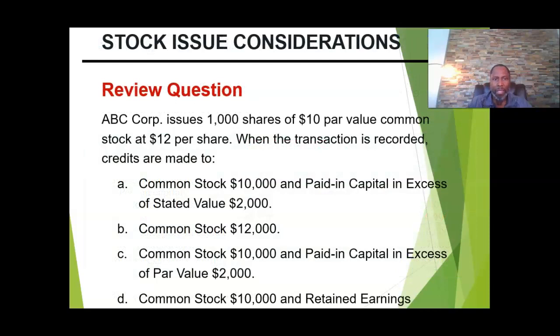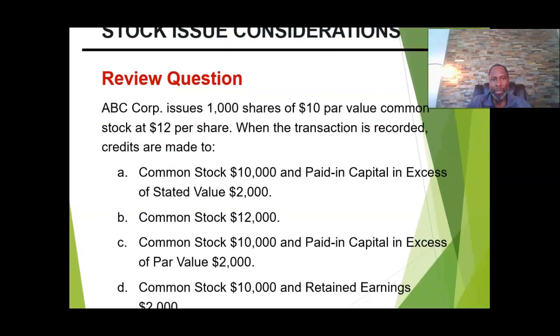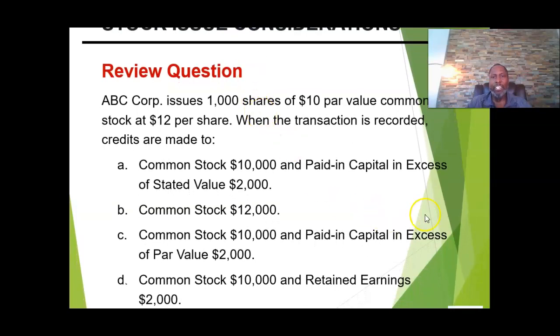Okay. We have the ABC Corporation issues 1,000 shares of $10 par value common stock at $12 per share. What would be the entry to record this transaction?